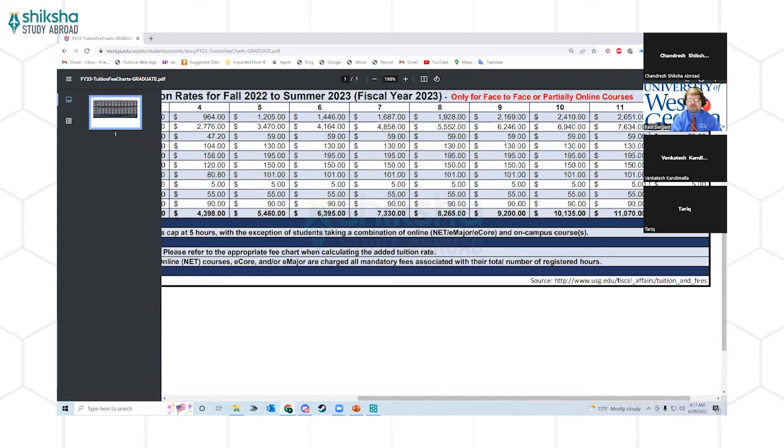That would be enough to cover the remaining fees and may even give you enough left over to help put towards housing. It wouldn't be enough to cover 100% of all costs, but it certainly puts you far ahead of the curve in regards to financing your education in the United States.